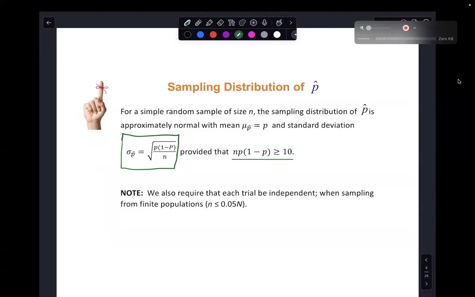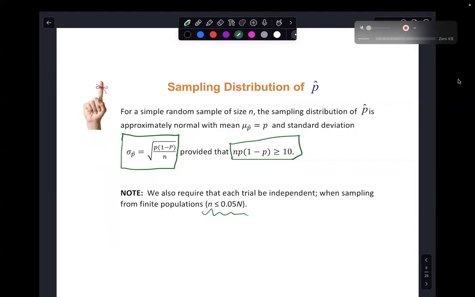Whether our sample size is big enough actually to make our sampling distribution normal. That's what I meant. If our sample size is big enough, then our sampling distribution becomes normal. This is what determines if it's big enough. And each trial needs to be independent. This 5% rule applies. So our sample size can't be more than 5% of the population.